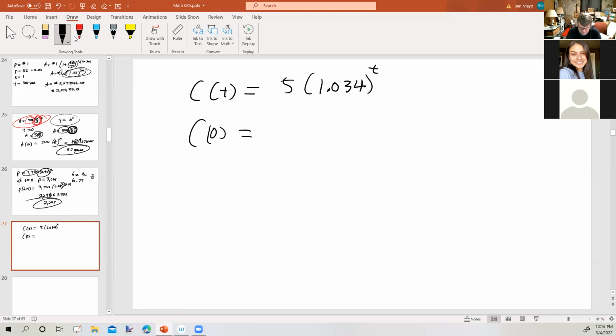So at the split second it started, how many computers? 5. 5, right. So with time in minutes, for each minute that passes, what is the percentage of increase of infected computers?